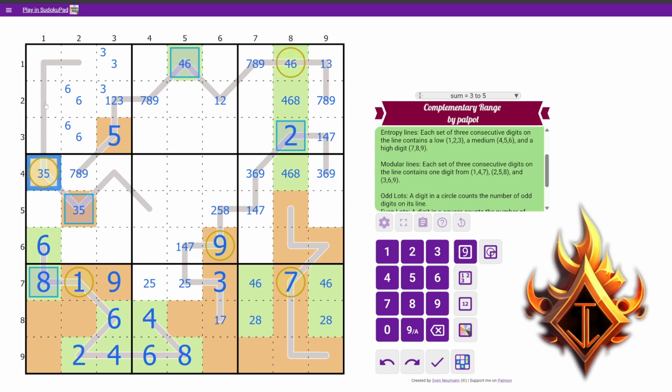If this is 5, that's why this would have to be a 2. This one would be a 2, 5, or 8. That looks okay. If this is 3, that could still be a 1, 2, or 3.